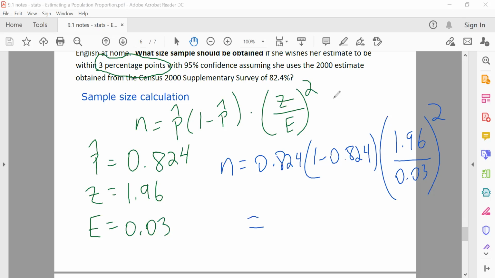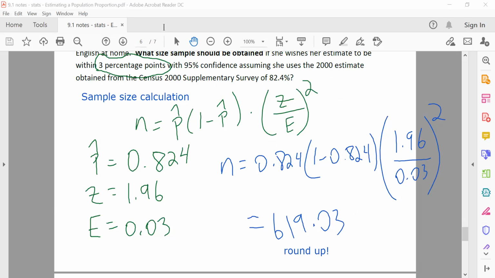And I'm getting about 619.03. But normally what you want to do is round up, because when it comes to sample size, you usually want to get as large a one as you can. If you get a value that's not a whole number here, round up to the next one so you're being conservative. You're going larger.